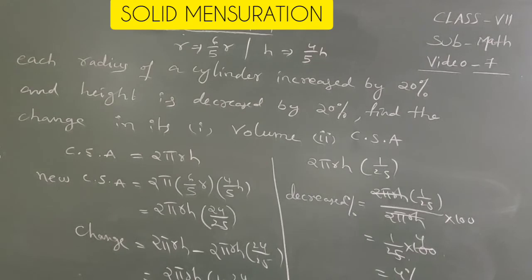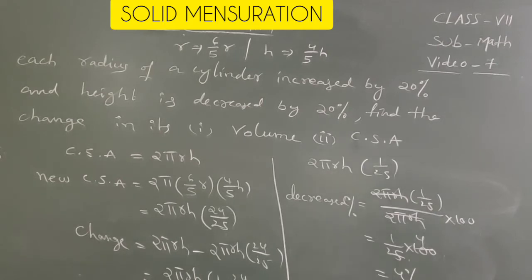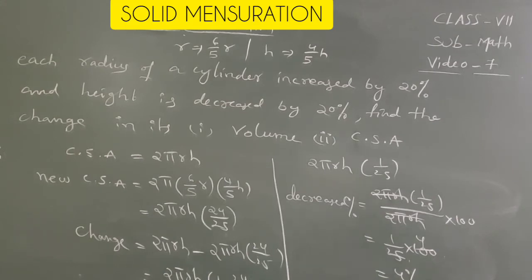Sometimes they will decrease the radius and sometimes they will increase the height. In that situation also, with respect to the changes, we need to find the percentages. Afterwards, if you get a proper fraction, it is a decreased value; improper means that is an increased value. In that way, we can find the required results.